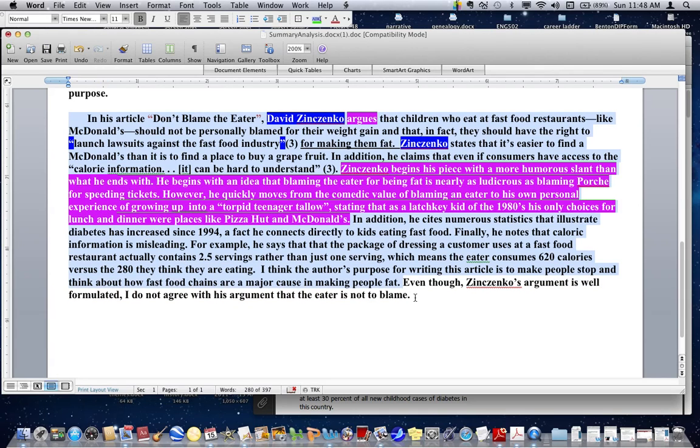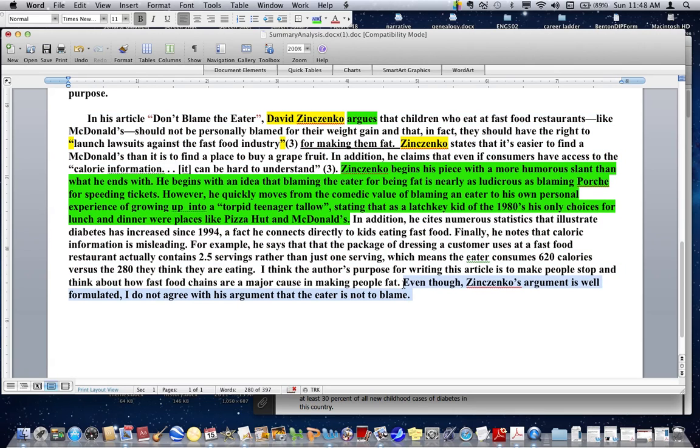The last thing that I want to see in your summary analysis will be then the conversion or the step over point into what you believe. And so I want you to think about what you believe about this article. We read it earlier this year and you responded to it. The next piece really is, how do you connect? What's your opinion? Do you agree or do you disagree?